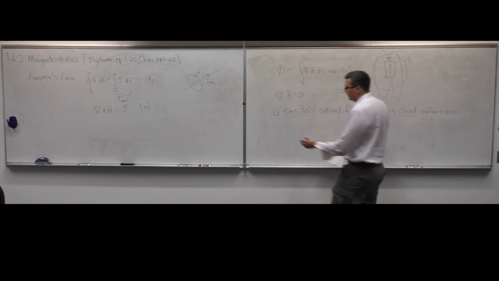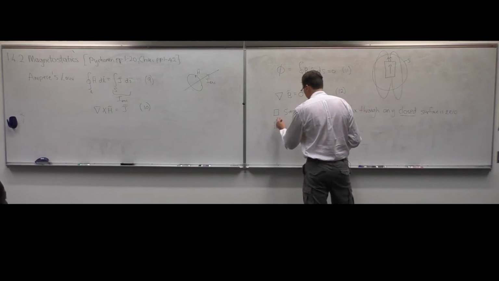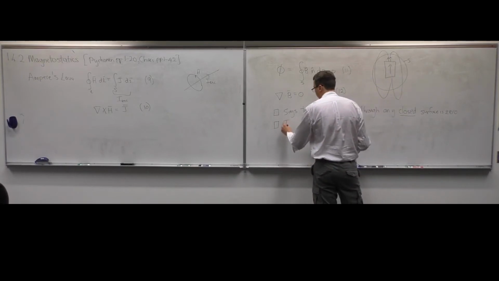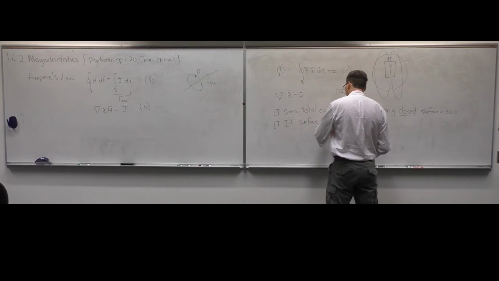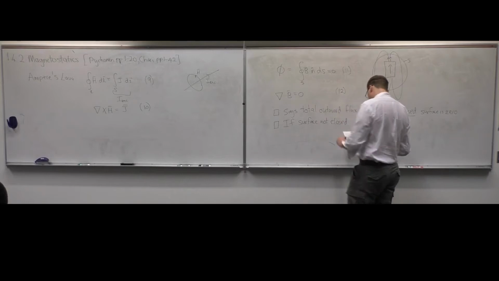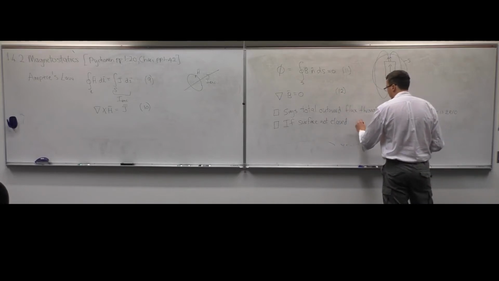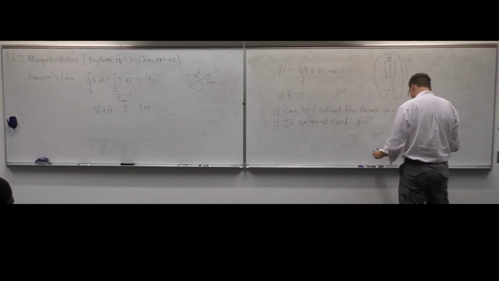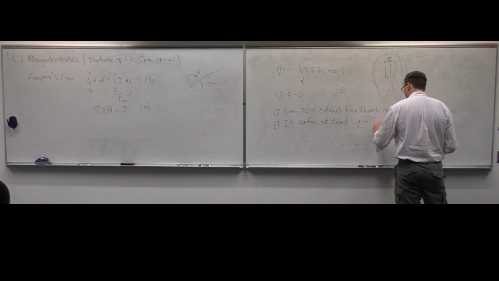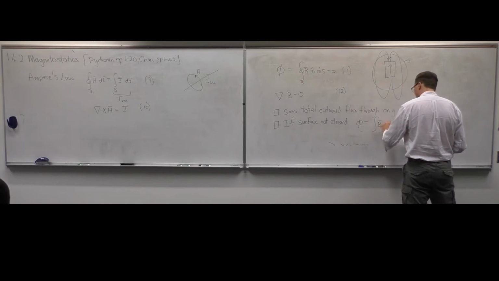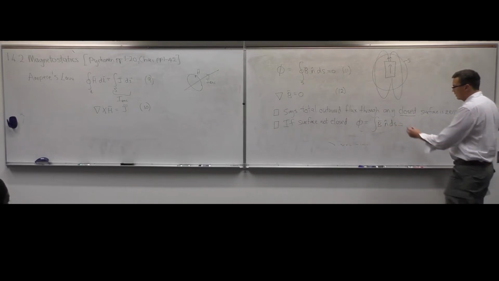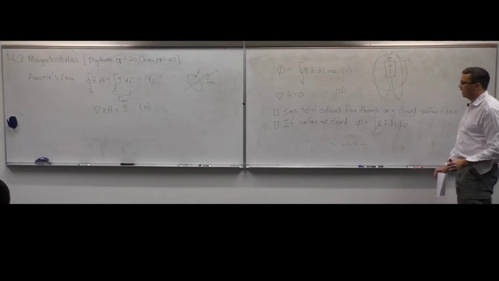But if the surface isn't closed, then this doesn't have to be 0. If I didn't put this little circle indicating it's a closed surface, then if you evaluate the field over just some surface, it doesn't have to equal 0. It's the flux.